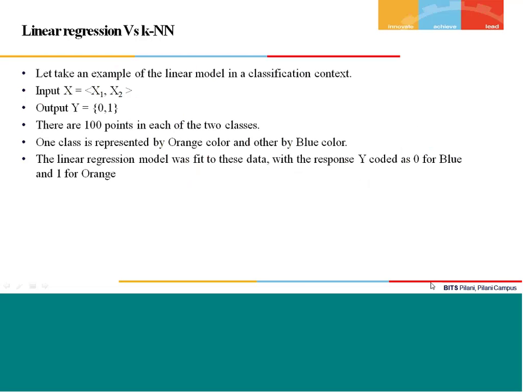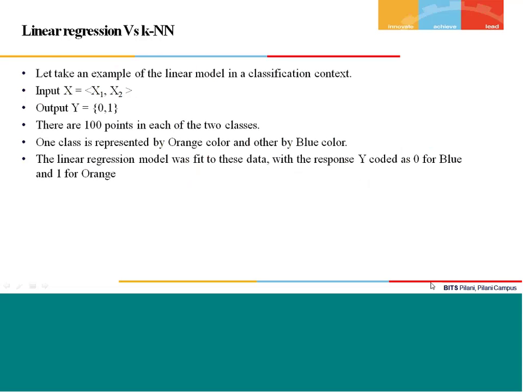So let's see how KNN behaves with respect to linear regression. Let's take an example of a linear model in a classification context. My x is an input variable having two components or attributes, x1 and x2, and my output class label y is a binary variable having values 0 and 1.